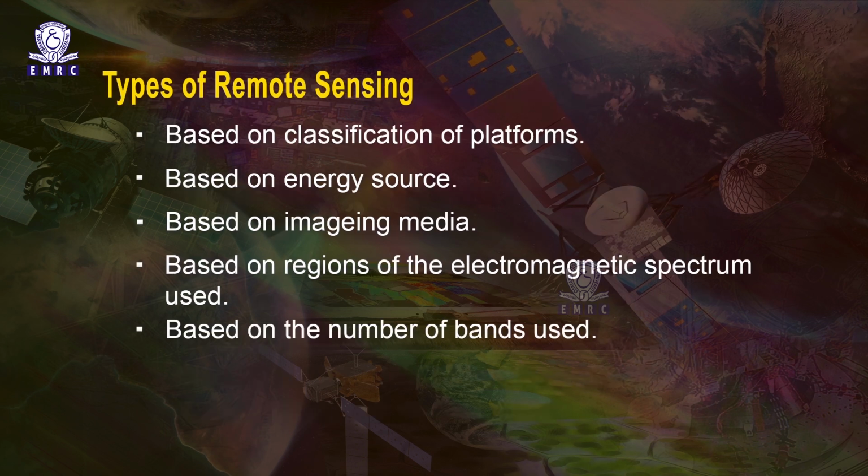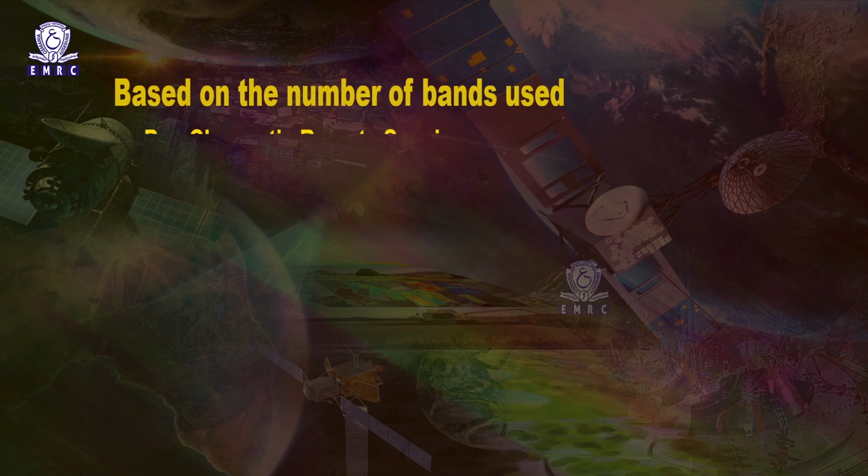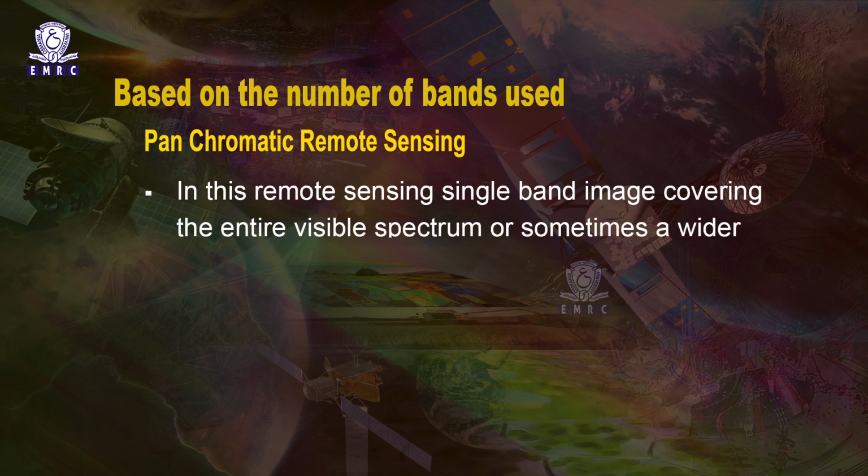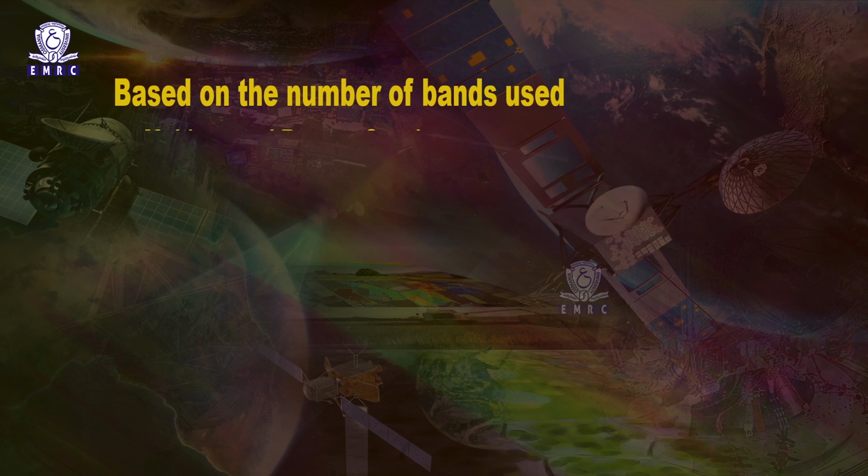Based on the number of bands used, remote sensing can be divided into panchromatic remote sensing. In this remote sensing, a single band image covers the entire visible spectrum or sometimes a wider range of 0.32 to 0.9 μm.